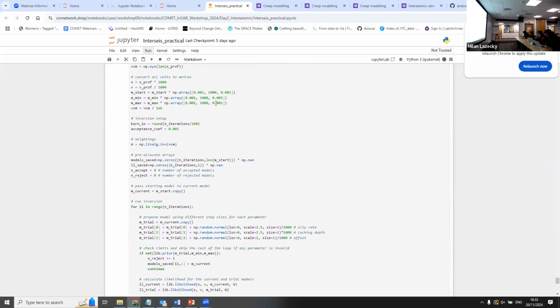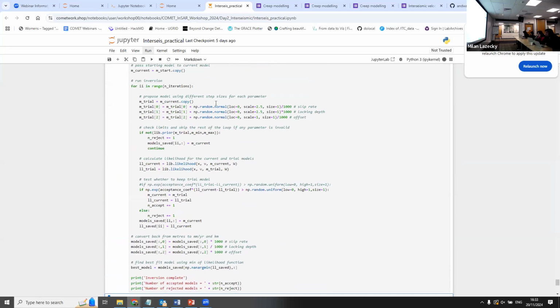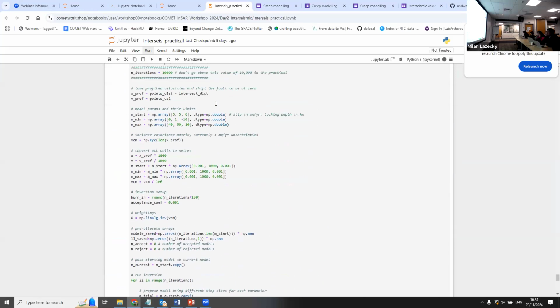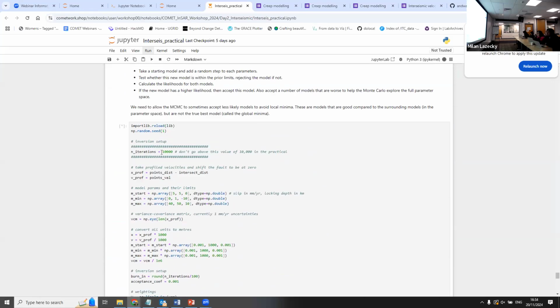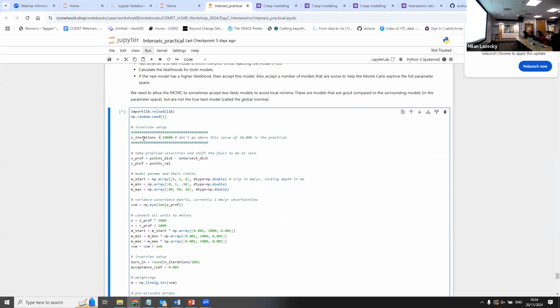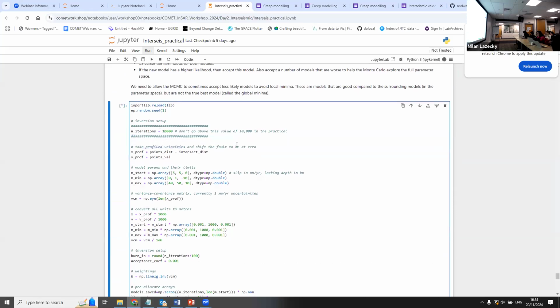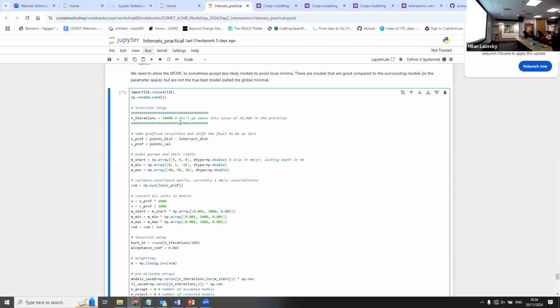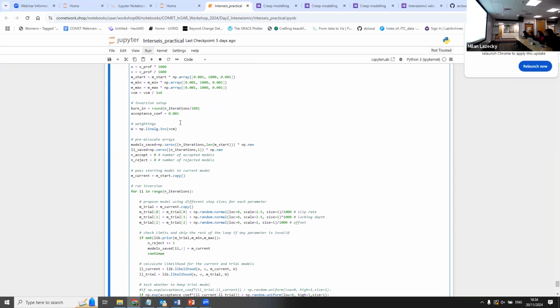This will take a little bit long, and the time you spend will depend on how large the iteration number you use. So in this practical, we're just using 10,000. But for real practice, maybe we should use 100,000, or maybe 1 million.